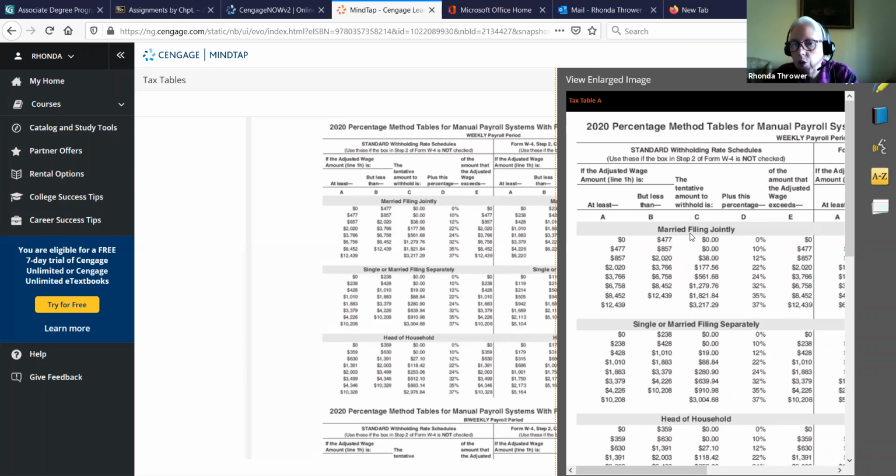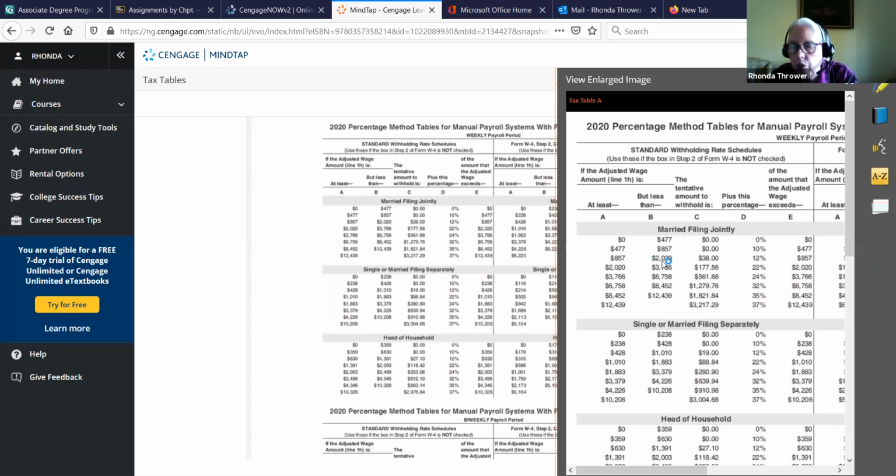This employee earned $1,575. That falls in between these two amounts. The amount he's earning is at least $857 but less than $2,020. Do you see? This is what our salary falls in between.